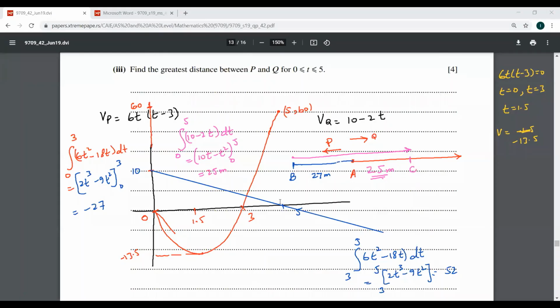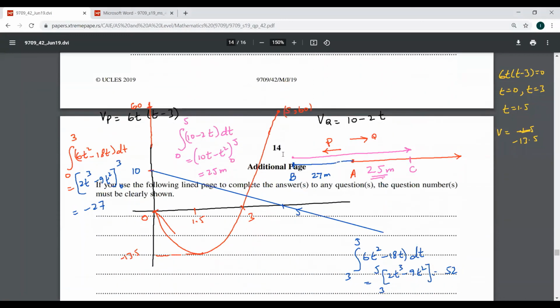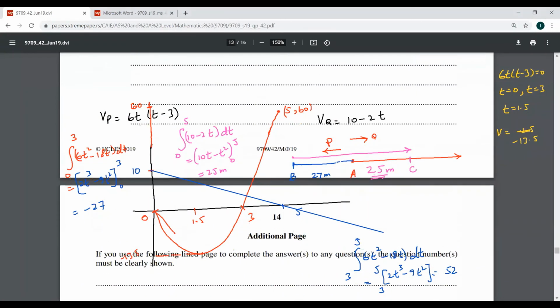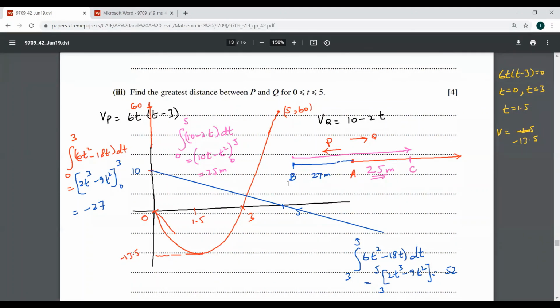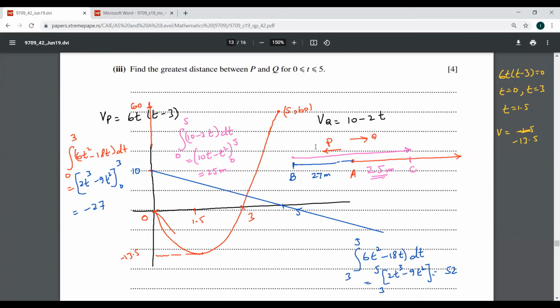So the last part, where is the last part? Find the greatest distance between P and Q for the interval 0 to 5. I'll have to erase some information from here. In fact, I need this expression here.